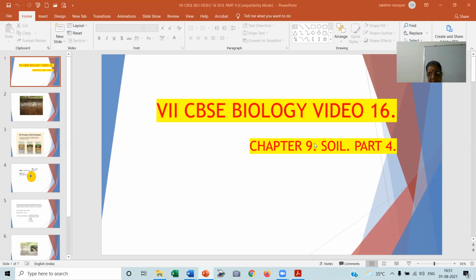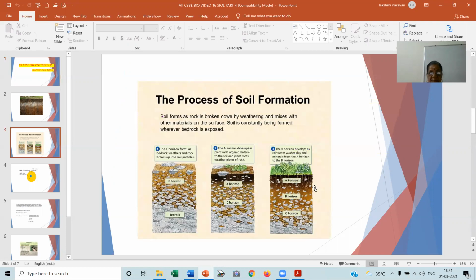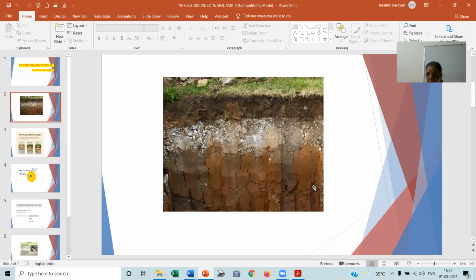Now this soil, as you know, see this picture. Soil is a mixture of broken down rock particles and organic matter found on the surface of the earth.